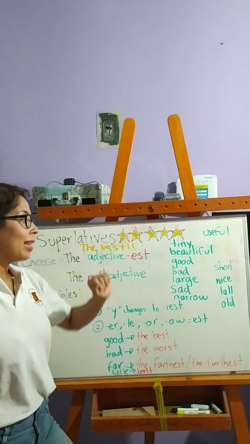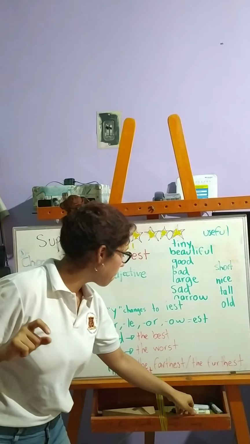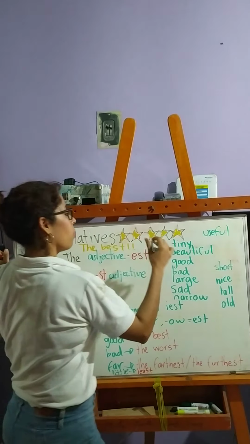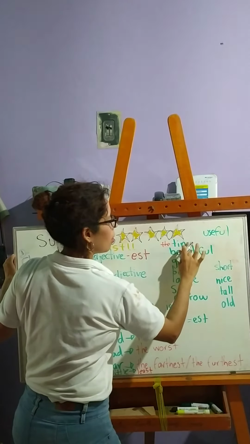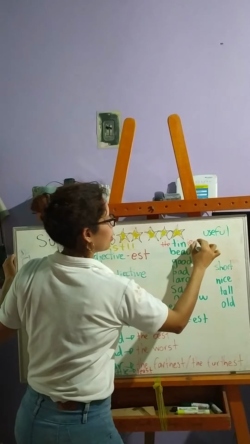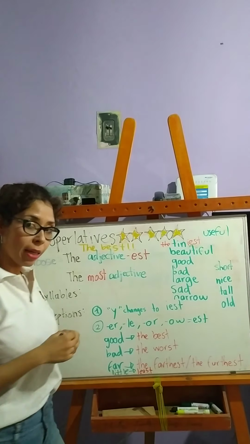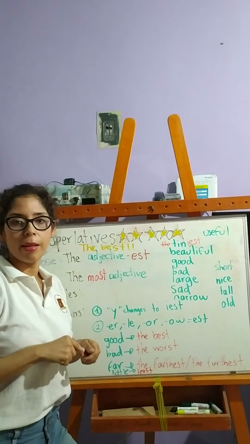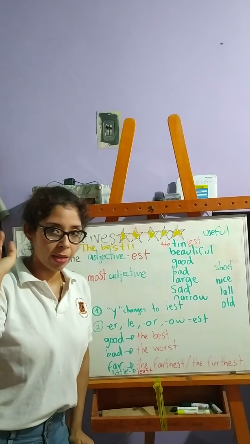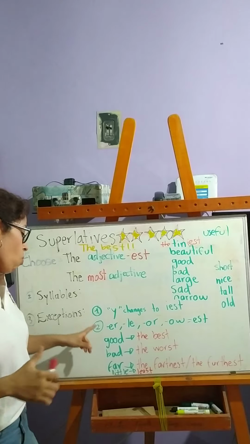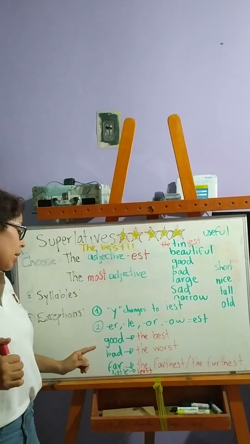Instead of being tiny, I am going to say the tiniest. The tiniest object that I have in my room is an earring. That is an example.